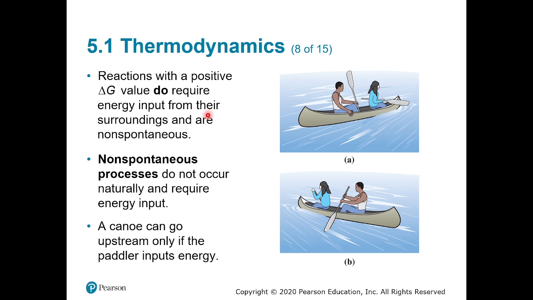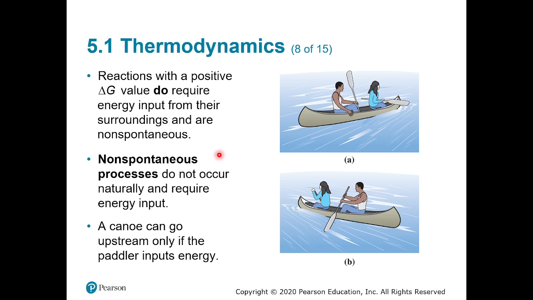This is again some examples of thermodynamics. So reactions with a positive delta G do require you to input energy. It would be like going upstream in a canoe. So you continuously have to put in energy. If you stop putting in energy, what happens? You start going backwards because the river pushes you, right? Okay.